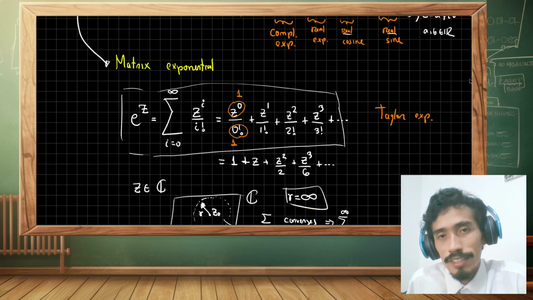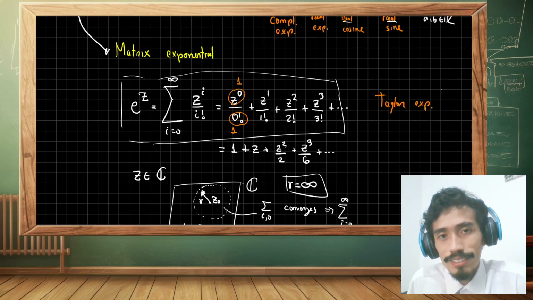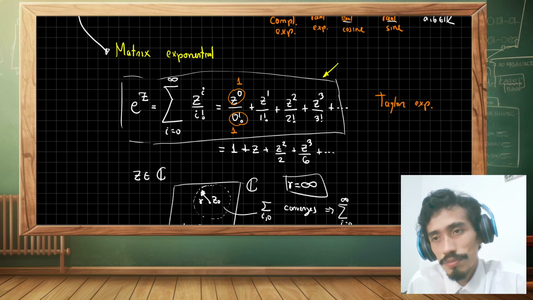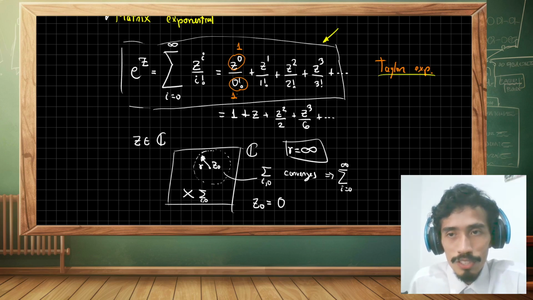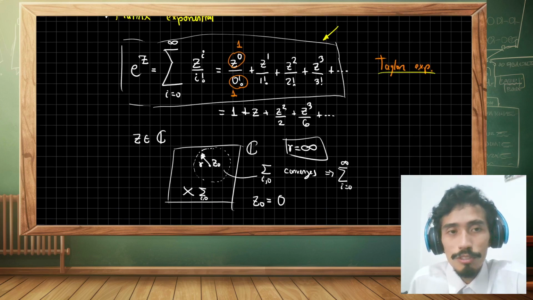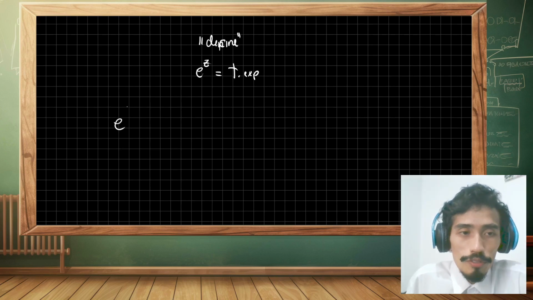So the complex exponential has two definitions, in quotation marks: the first one, which is the original definition, and its definition by Taylor expansion. So this definition by Taylor expansion will motivate us to define the exponential of a matrix. So instead of exponentiating zeta, we will exponentiate a matrix M, which is a matrix in this vector space.